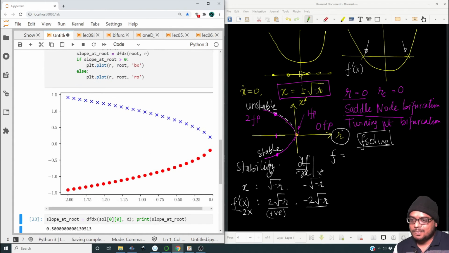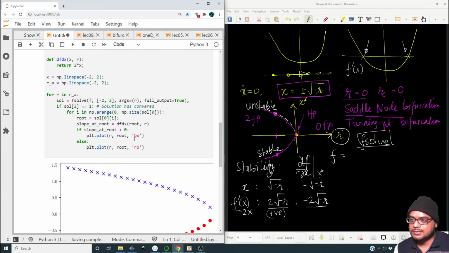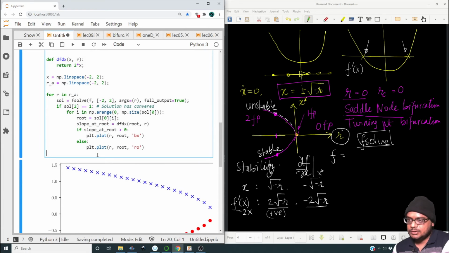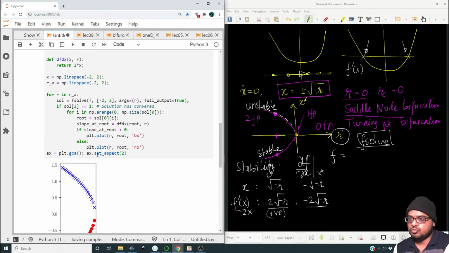Excellent. So we do see, let me change the aspect ratio of the plot. So ax equal to plt.gca, and ax.set_aspect set to 2.